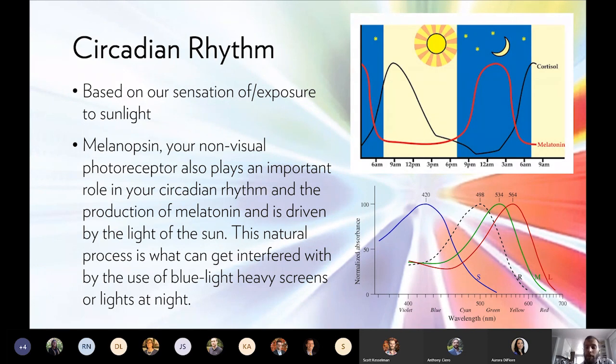And then cortisol, which is your stress hormone, or it promotes alertness, spikes in the morning and provides you energy throughout the day. All of these things also signal a cascade of other things in your body and keep everything timed and running well. When your circadian rhythm's messed up and you have things like insomnia, it leads to a ton of issues.